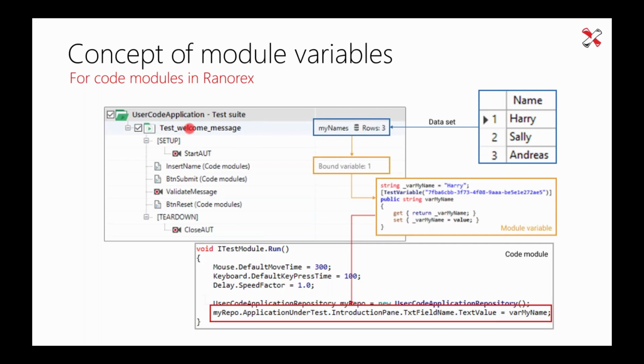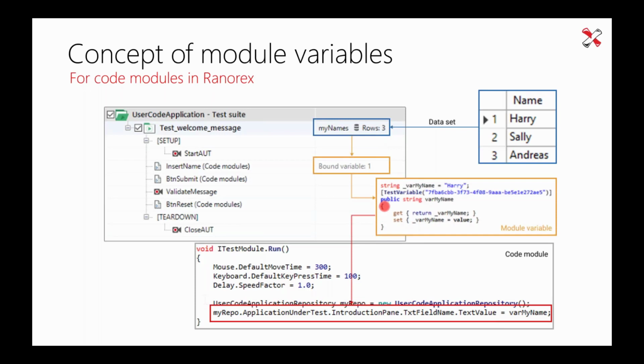So we want the test to run iteratively through all these names and perform the test case using one name after the other. The concept to transfer this into our code module here is that we need to define a so-called module variable within the code module, and this module variable bridges the outside world of the data source with the inside world of the code.